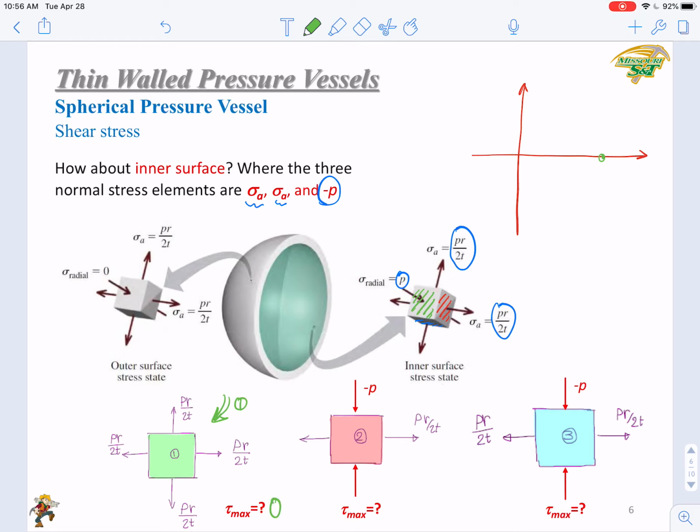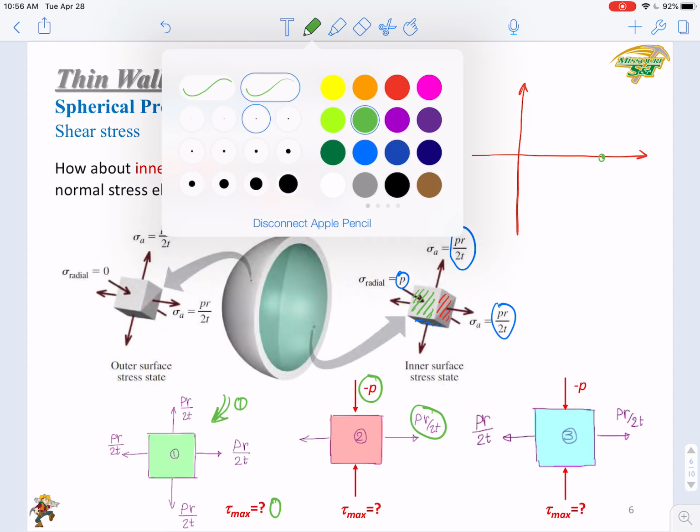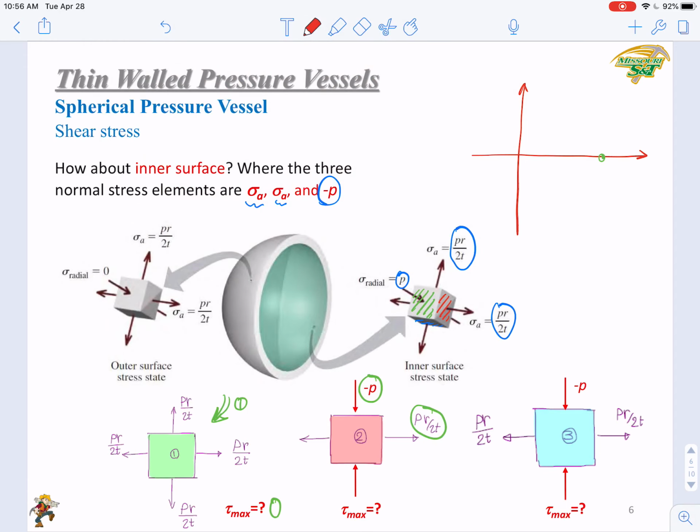And in the second case, you have sigma A along this direction and negative P along the other direction. So the first point will be PR over 2T here. The second point will not be the origin. It will be negative P, 0.